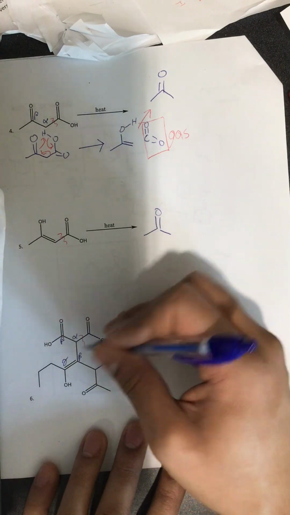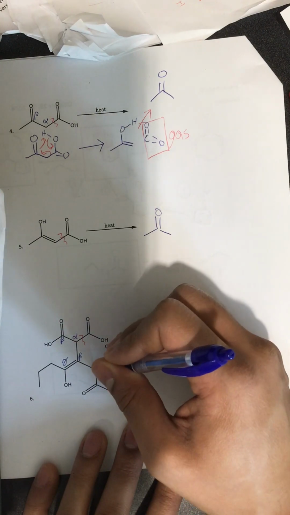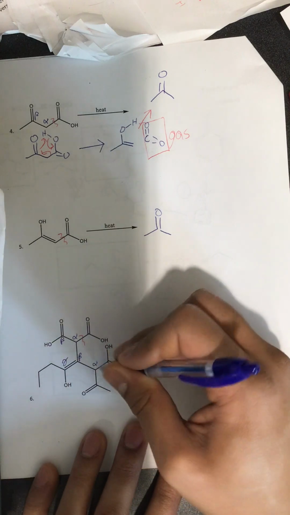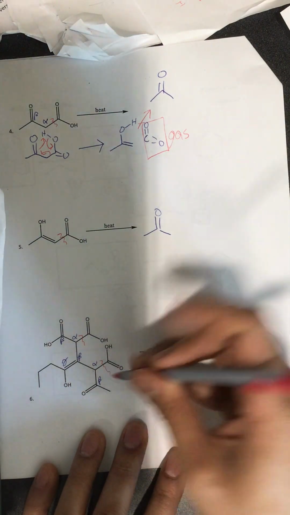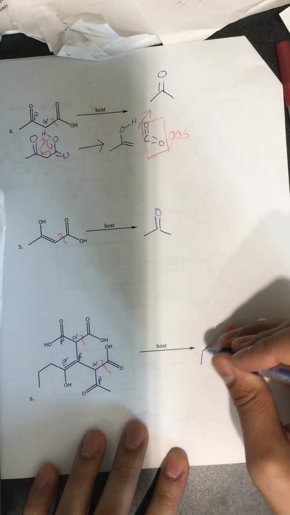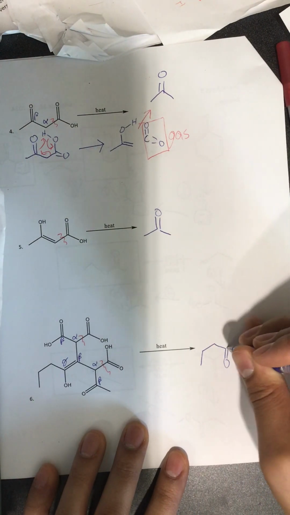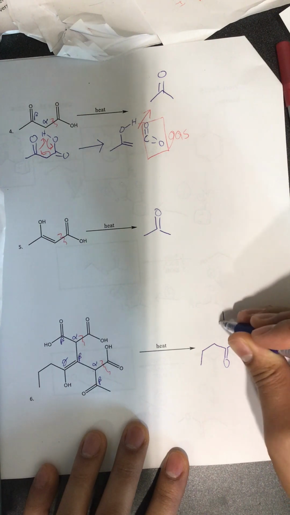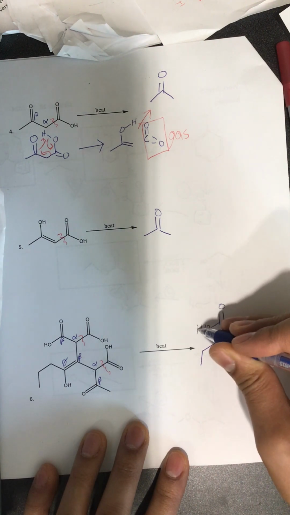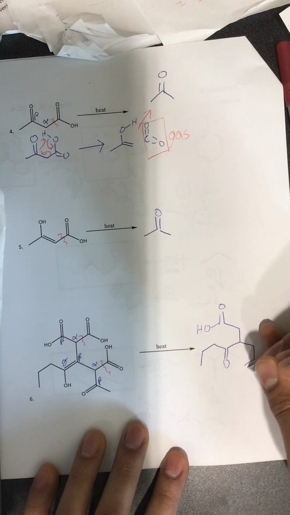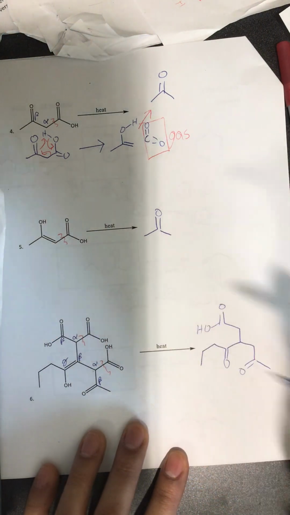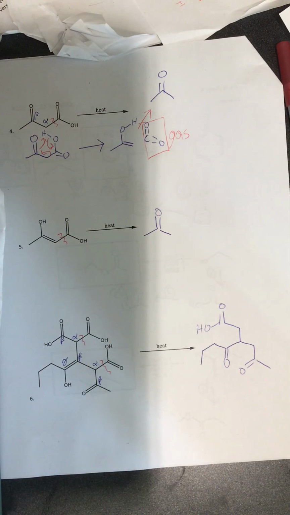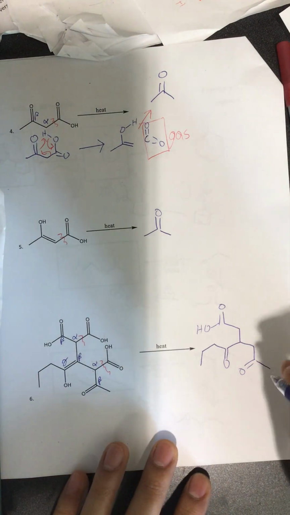So the only other carboxylic acid I have is this one. So it's going to be like alpha, beta, gamma this way, or alpha, beta this way. So this one can also decarboxylate. So if I draw the final product, whether you leave this as an enol or a ketone, I don't really care. And if you chopped off this carboxylic acid or this one, that doesn't matter. They're symmetrical. There's no chiral center there, so it doesn't matter which one you cut off. So that's going to be your product there.